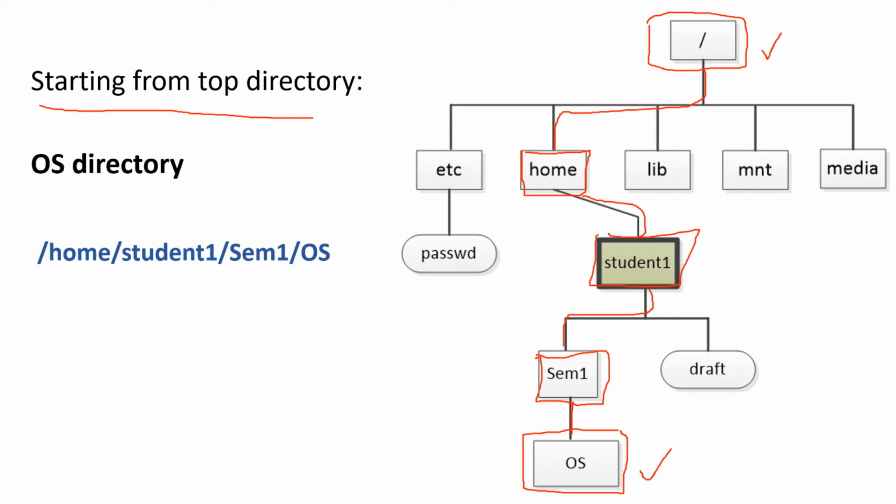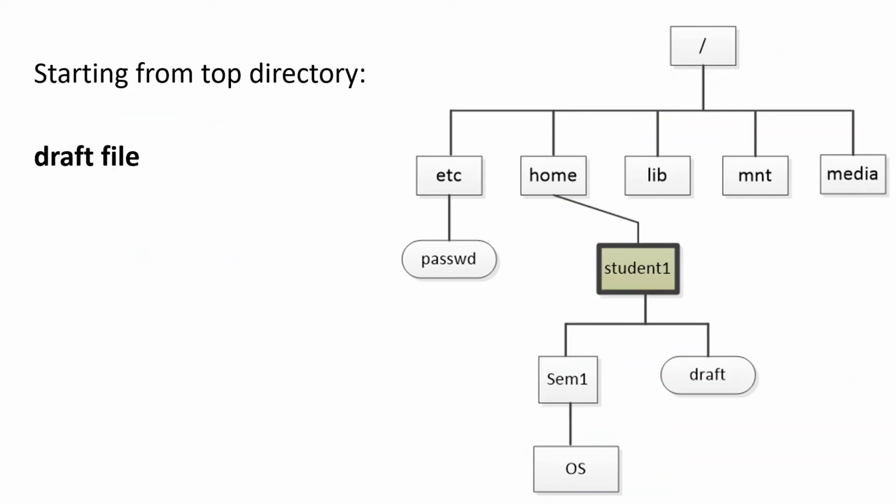Let's see the second example. So in this example, we are trying to find the draft file's absolute path. Starting from the top, we identify this is the root directory, this is draft. So how are we going to tell the system where the draft is located from root?